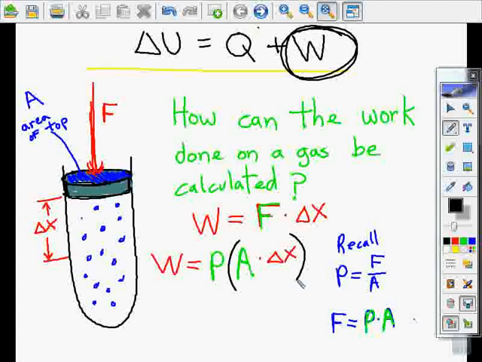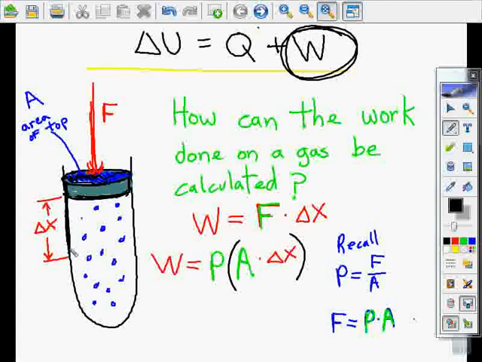Look, this area right here. Of course, that's the area underneath the bottom there too, right? That area of the top chamber holding the gas times this distance, which you can almost think of as the height. What is that area times that height? That's the volume. Yes? That's a volume.